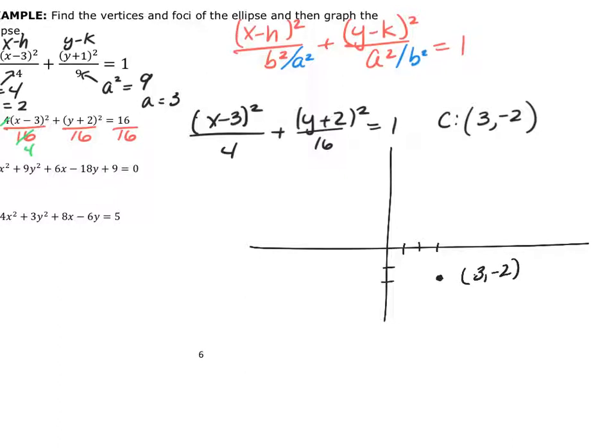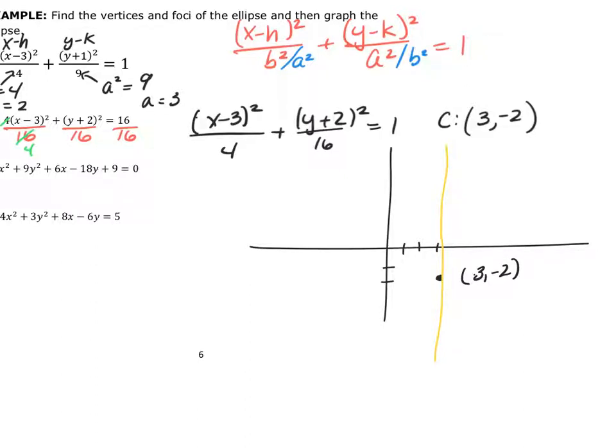That means my major, I'm going to draw it in yellow, my major is along that yellow line because my larger number is underneath the y. So that is the distance I'm going to travel, along the y or parallel to the y, to find my major vertices. My major axis is in the yellow line. Is there any questions so far?